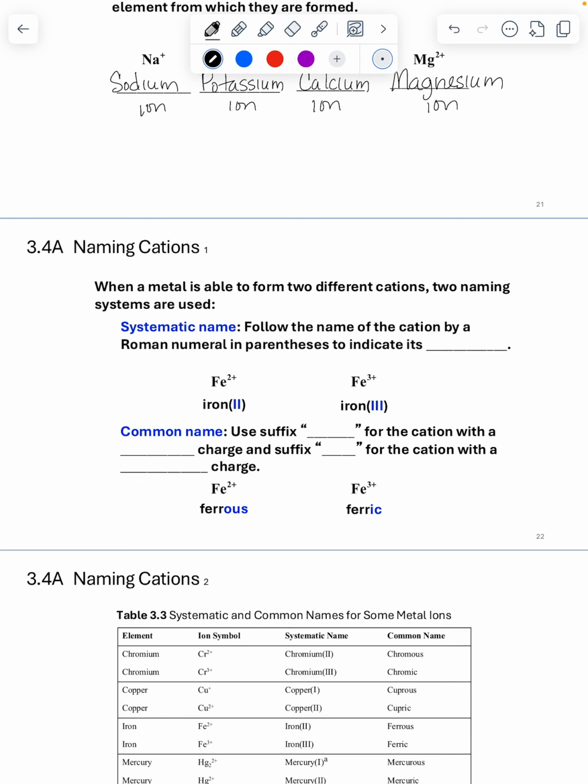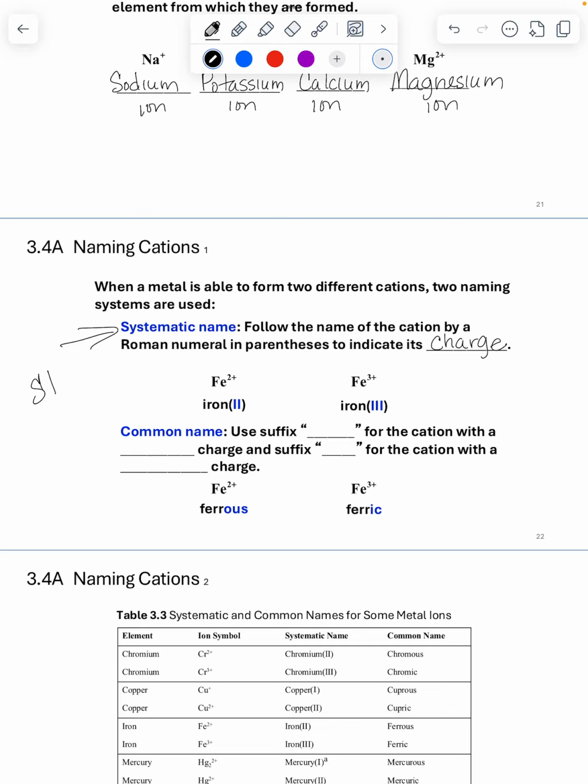And so it says you follow the name of the cation by a Roman numeral in parentheses that indicates the charge. So this is probably the most common method of naming. Sometimes this is referred to as the stock system of naming. And you may have seen some compounds written with Roman numerals in the past. So we'll see some examples of these along the way.